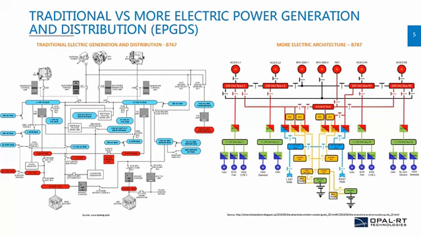They deliver variable frequency to the network that can vary between 380 hertz and up to 800 hertz. Also, these generators can act as motors during start maneuvers in order to start the aircraft engines.